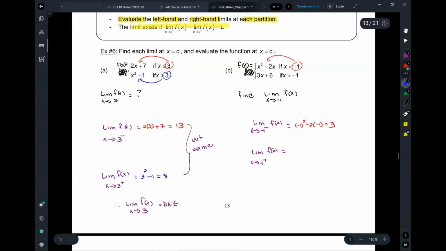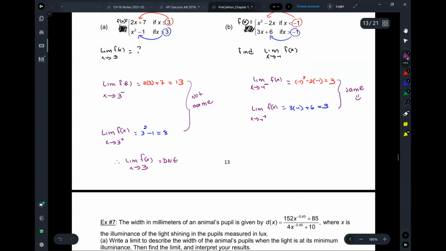It's 3. Plug in negative 1. It's 3. They're the same. So we say, therefore, the limit of f of x as x approaches negative 1 is 3. All right, so now you can do part 1 of the homework.